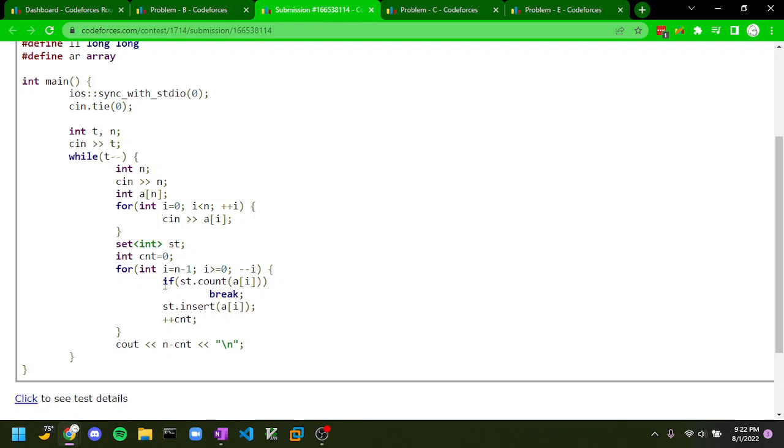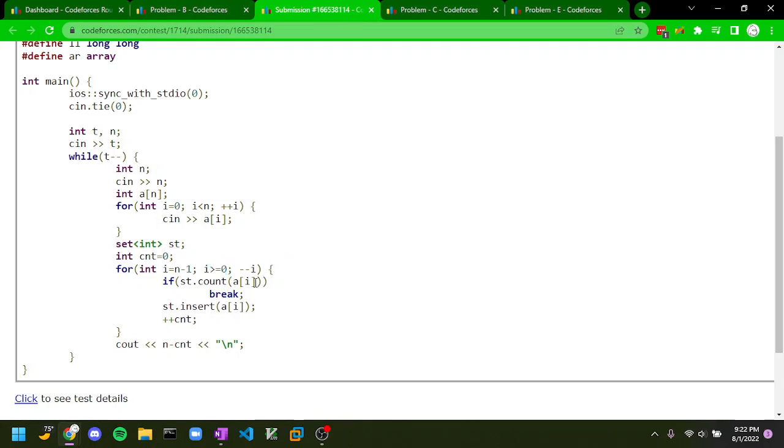And as soon as there's a duplicate, as soon as an element isn't distinct, you break. And notice how I set I, the first iteration, to n minus 1, and the last iteration, assuming you never break, should be 0, because you're going from right to left.